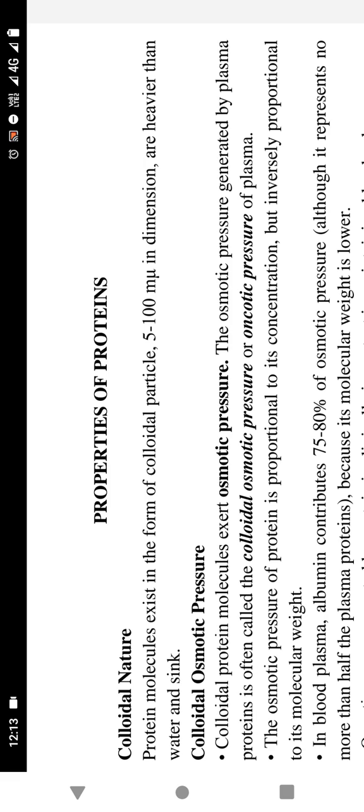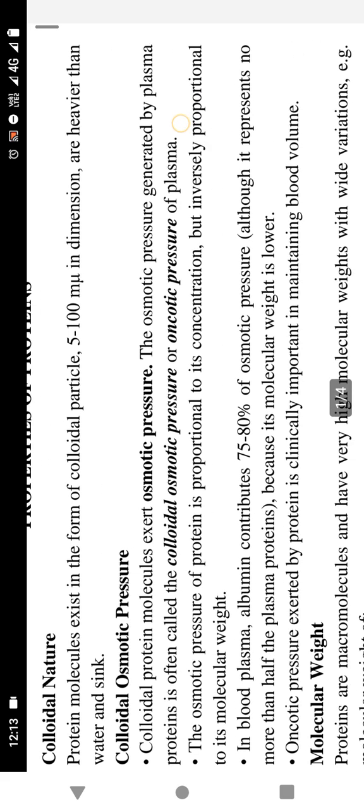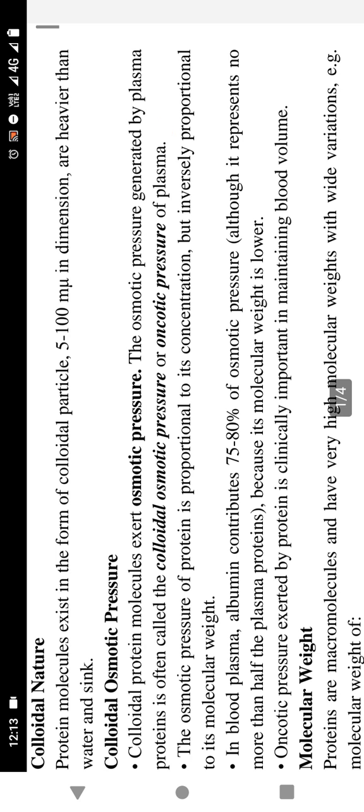Next character, colloidal osmotic pressure. Colloidal protein molecules exert osmotic pressure. So many proteins, especially albumin and globulin, are present in blood and exert osmotic pressure. Osmotic pressure generated by plasma protein is often called the colloidal osmotic pressure or oncotic pressure of plasma.